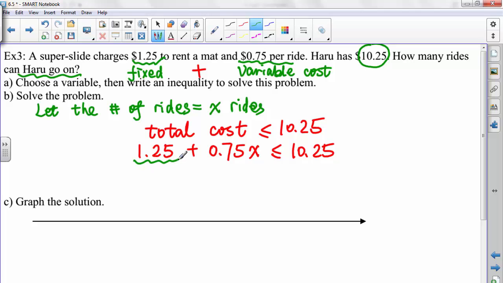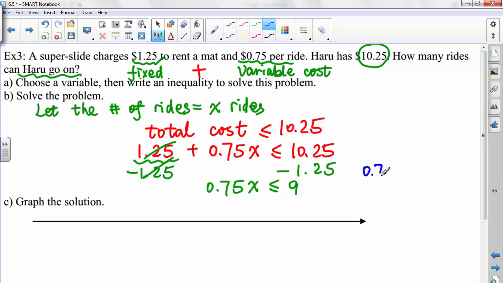We want to subtract 1.25 from both sides in order to cancel 1.25 from the left side. So I only have 0.75x is less than or equal to 9. Then divide both sides by 0.75.